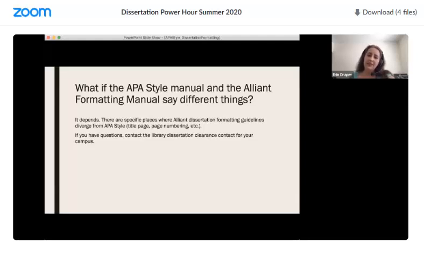When will Alliant switch to 7th edition exclusively? That is a question that I have no control over. I believe that the language that I have seen is December 31st of this year, for anything that goes through library clearance by that date, but that is not set in stone.